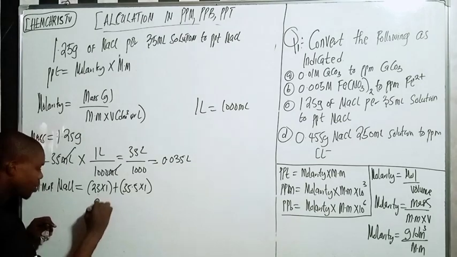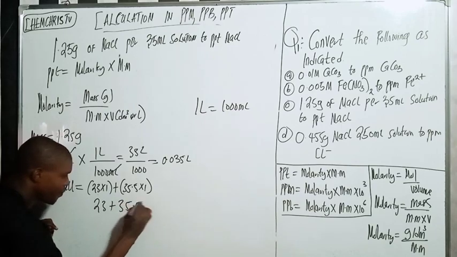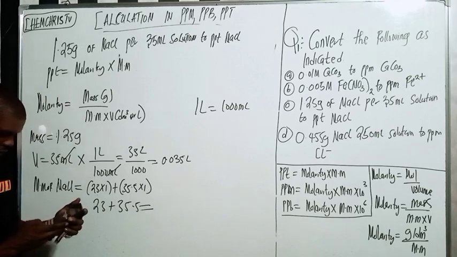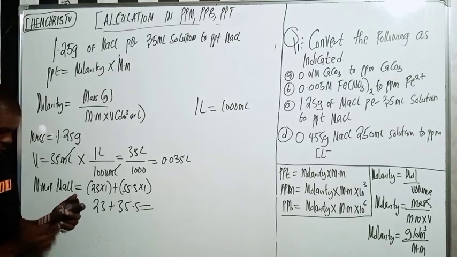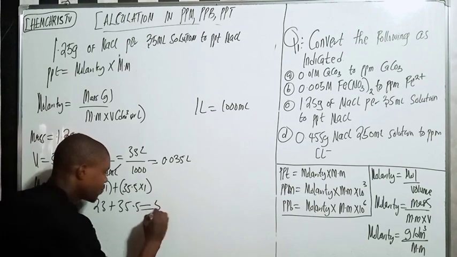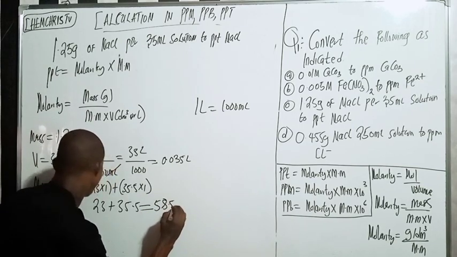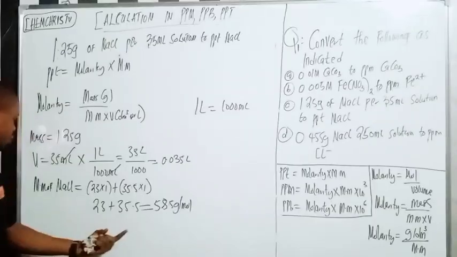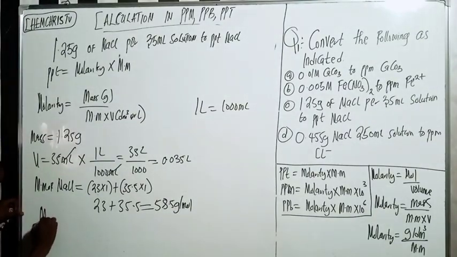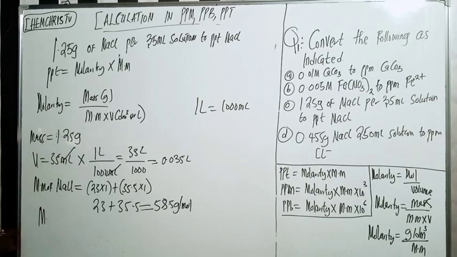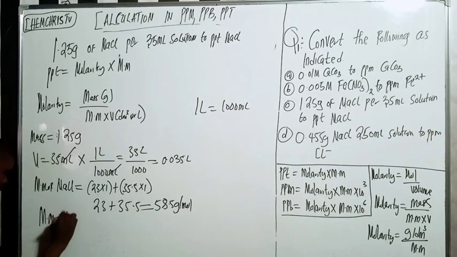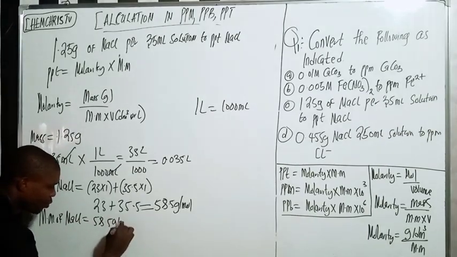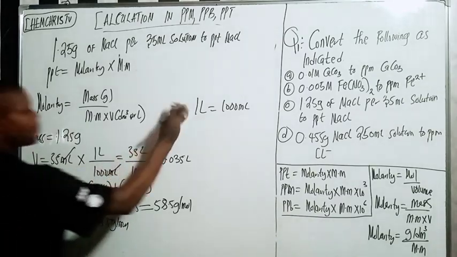So it's 23 plus 35.5, and the answer is 58.5 gram per mole. That is my molar mass of NaCl, 58.5 gram per mole.